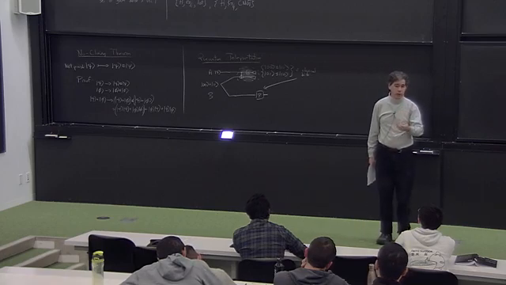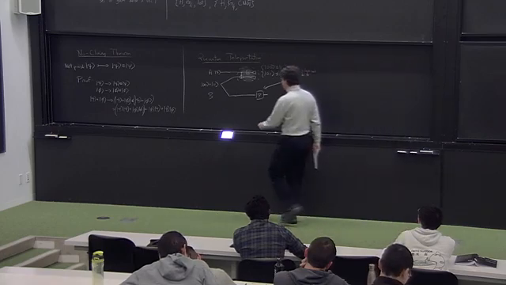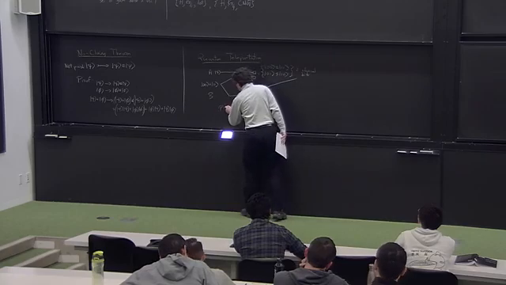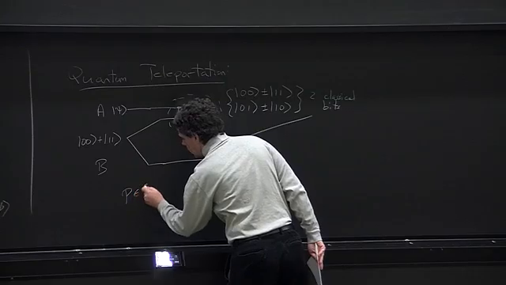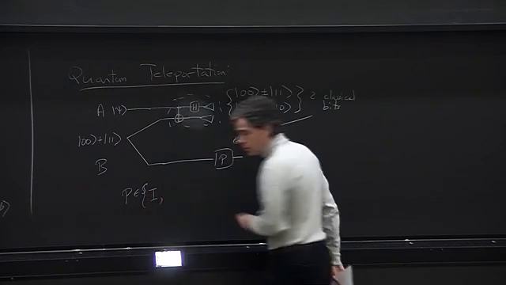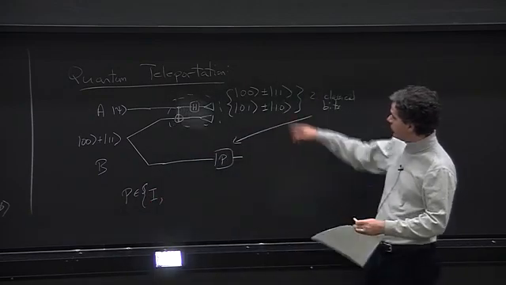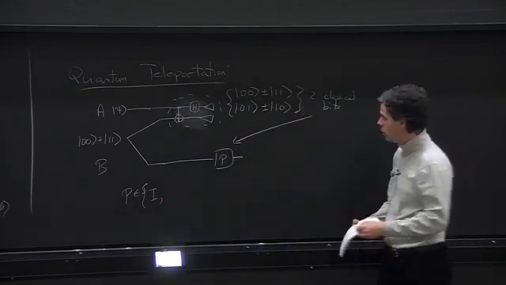And which one? So what are the 4 Pauli matrices? Well, there's the identity. That's when Alice gets the state 0,0 plus 1,1.